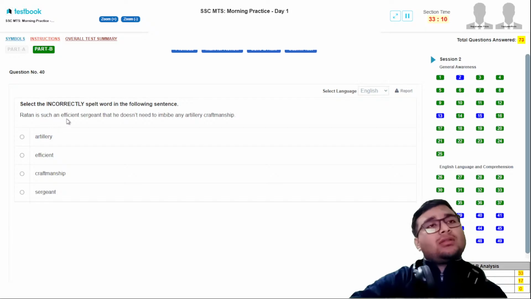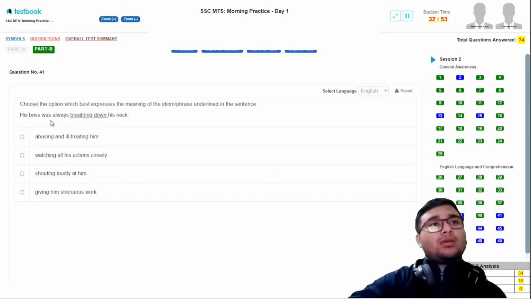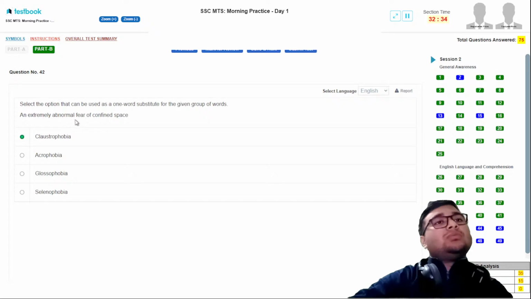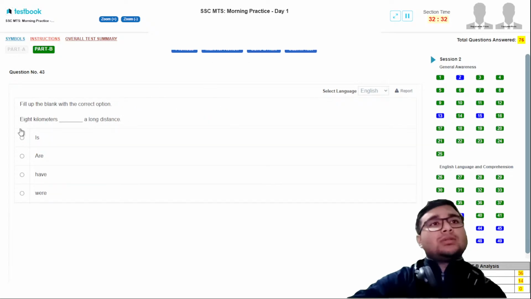Such an efficient sergeant that he does not need to buy any artillery craftsmanship. His boss was always breathing down his neck. An extremely abnormal fear of confined space.